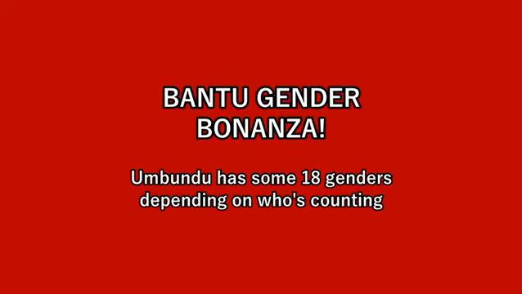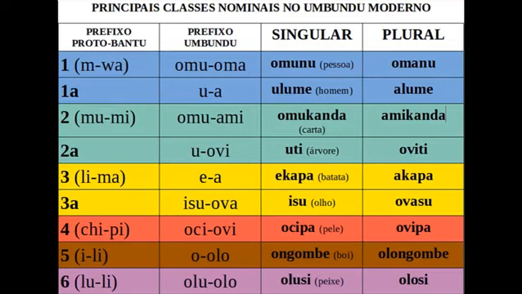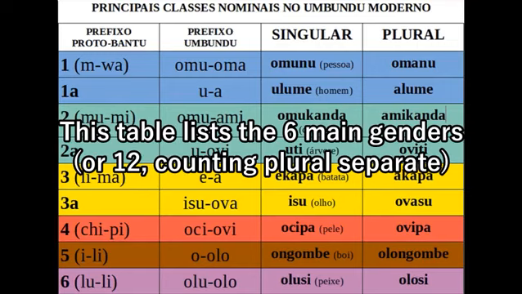As already mentioned, the Umbundu noun may belong to one of several genders. If you join together the plural genders with the singular genders, there are as many as 9 gender classes. Of course, given that most grammars consider the singular and the plurals as separate genders, many grammars say that Umbundu has actually 18 genders.